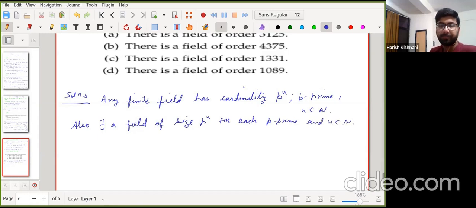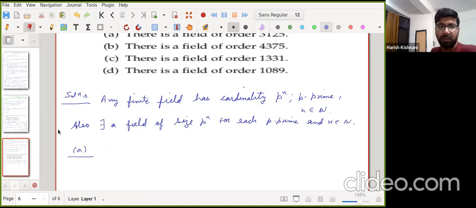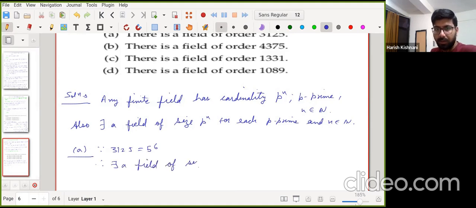Okay. So now, Muthu, the first one is a field, yes? 5 raised to the power 6. Good. So since 3125 is 5 raised to some power, there exists a field of size 3125. Good. So this statement is true. What about the second?